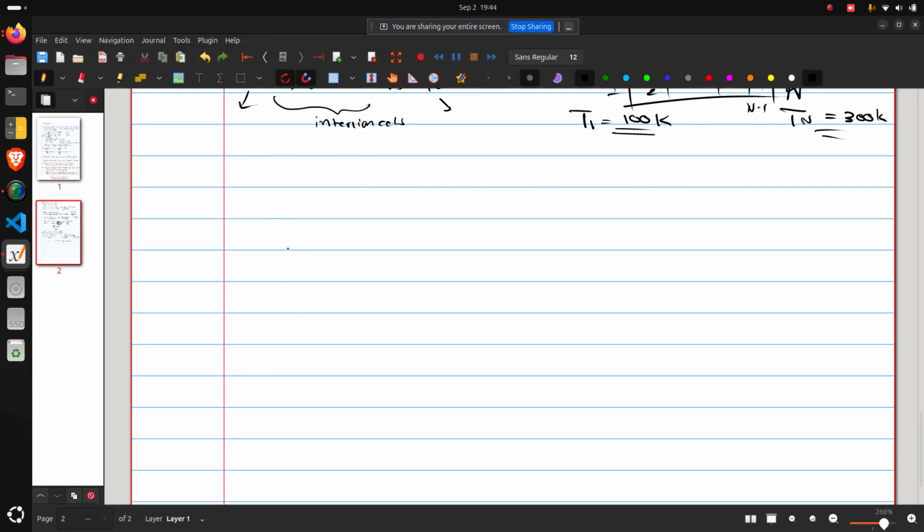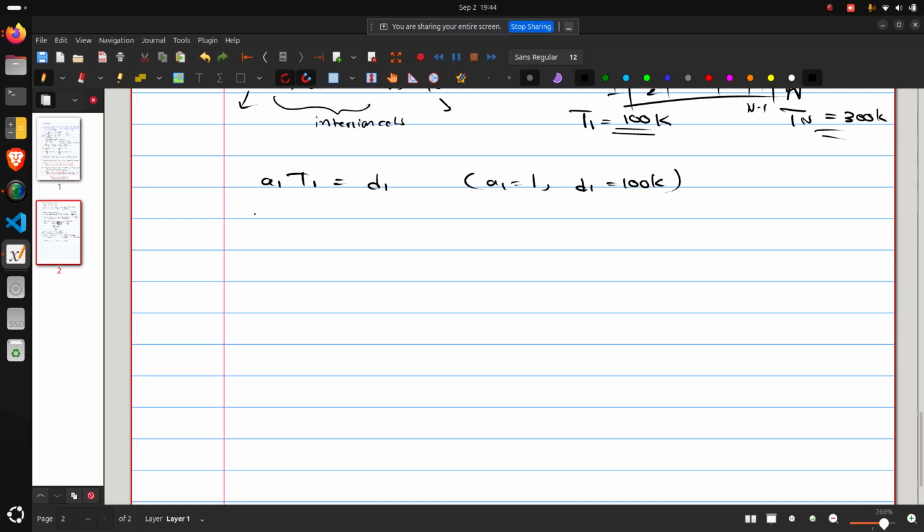So let me write it here: a1 t1 is equal to d1, where a1 is equal to 1 and d1 is equal to 100 Kelvin.